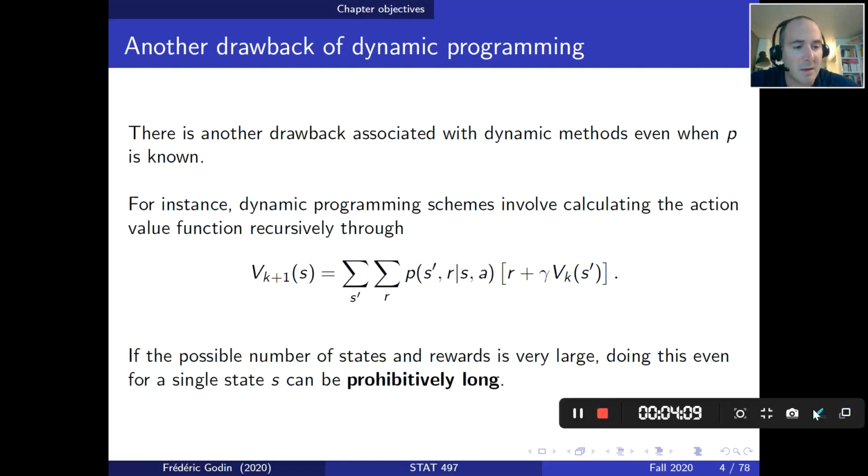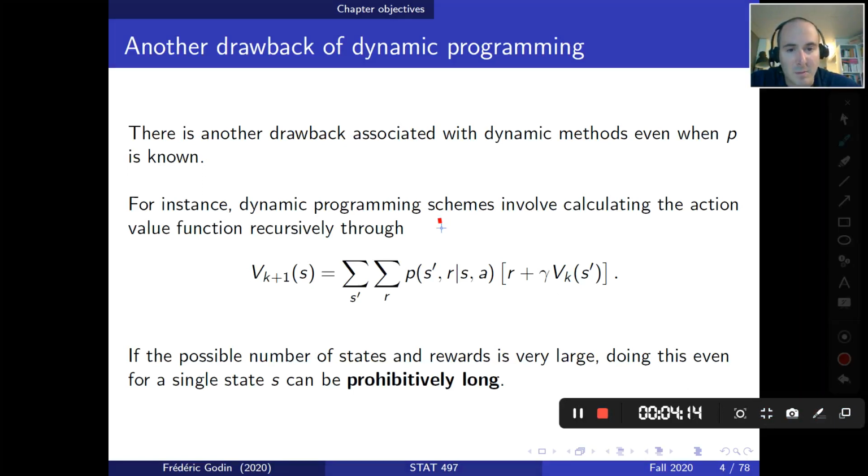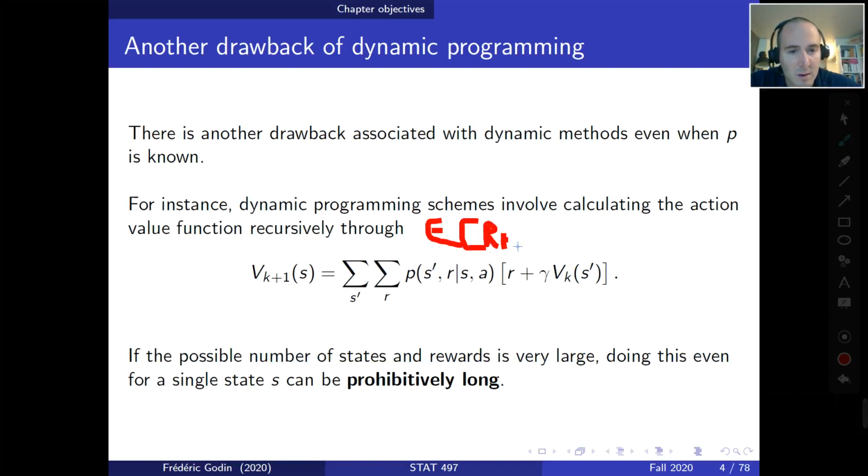Okay, so this can be interpreted, maybe I'll write it here, as the expected value of the next reward plus gamma times our current estimate of the value function at the next state.